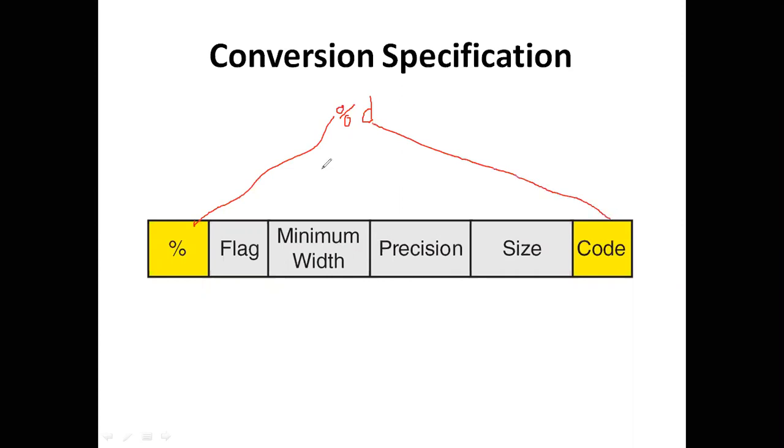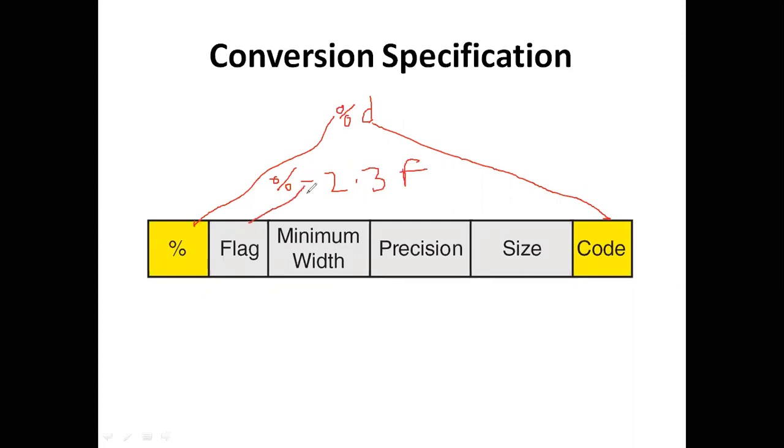Sometimes people write in this manner: percentage, some minus, 2.3, and then f. And this one we call what?